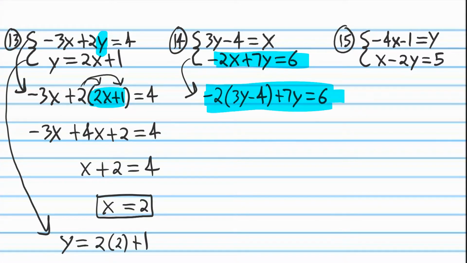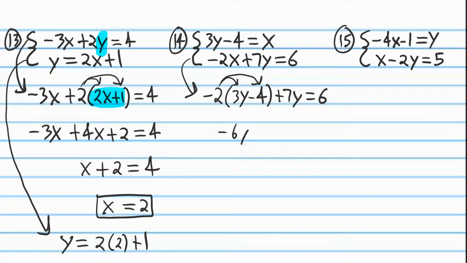I wrote the exact same thing, but instead of x, I wrote what x equals, which is 3y minus 4, according to the top equation. So everything looks correct. Now we got to use distribution to get rid of the parentheses. Negative 2 times 3y is negative 6y. Negative 2 times negative 4 is positive 8.